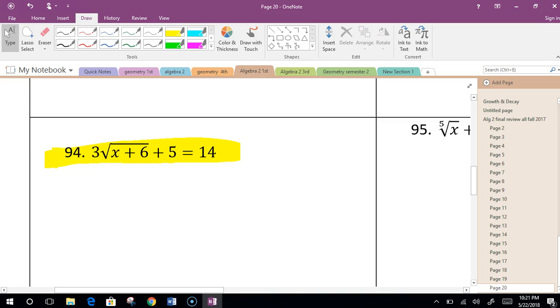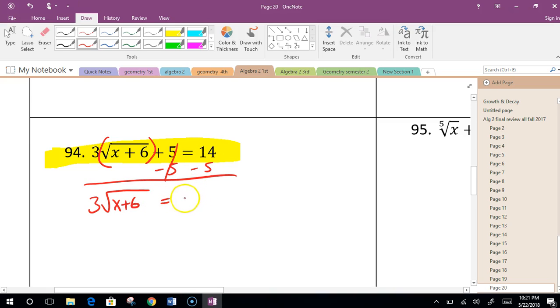All right, 94, same idea. Isolate the radical. So let's use order of operations. We'll undo all of them. Let's get rid of the 5. So then we have 3 times the square root of x plus 6 equals 14. 14 minus 5 would give us 9. Let's divide it by 3. So we get the square root of x plus 6 equals 3.